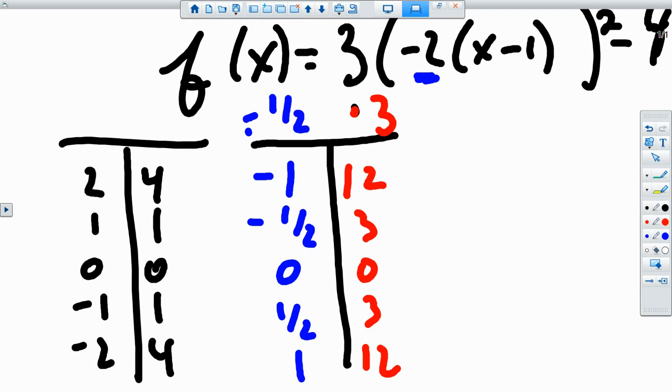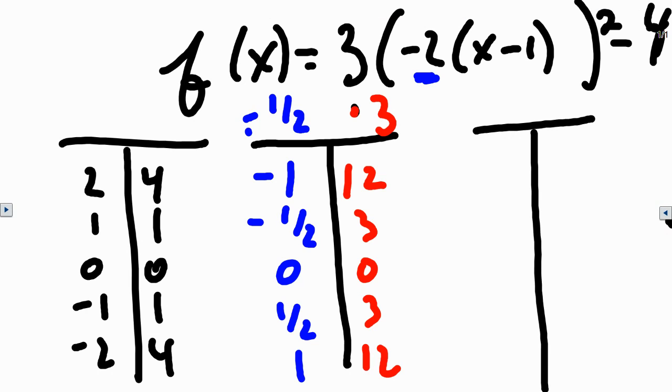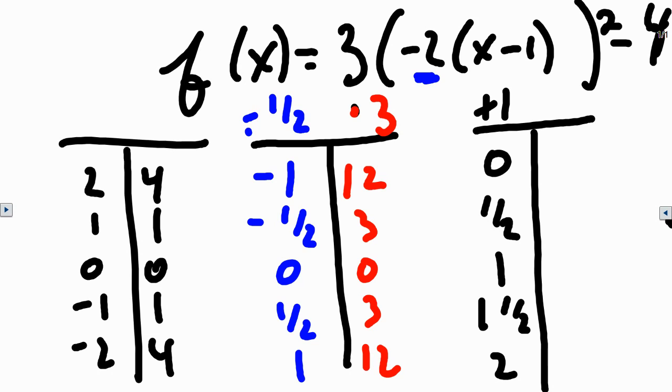I think that we're okay with the translations now. Most people are pretty good with this. Let's see, add 1 to the x values. So we're going to have 0, 1/2, 1, 1.5, and 2. And the y values, we subtract 4. So 8, -1, -4, -1, 8.